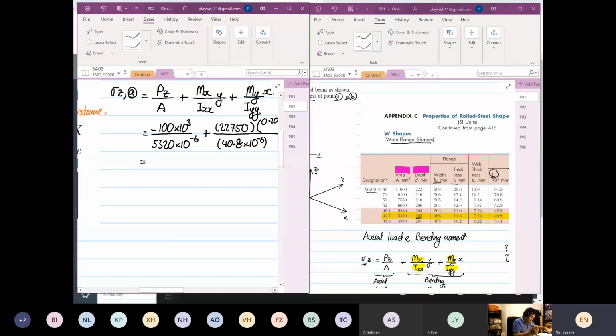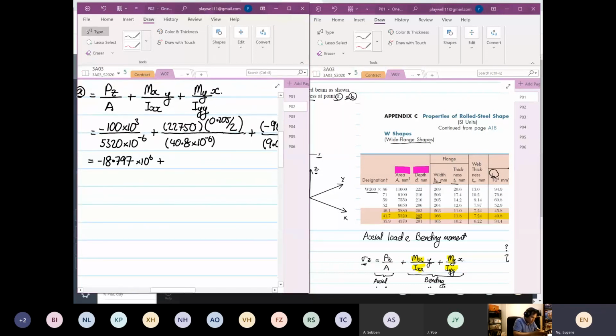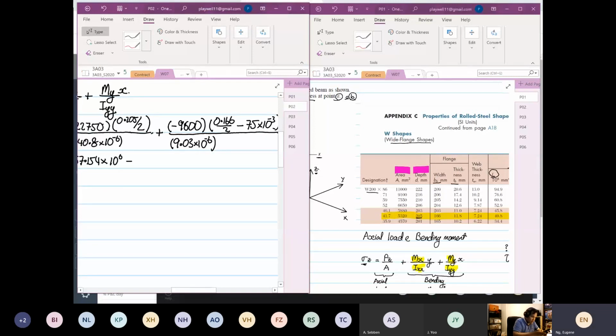This will be equal to 100 divided by 5320 power minus 6, which is minus 18.797 times 10 to the power 6, plus 22750 times 0.205 divided by 2 divided by 40.8 power minus 6, which is 57.154 times 10 to the power 6, and then minus 0.166 divided by 2 minus 75 power minus 3 times 9600 divided by 9.03 power minus 6, which is 8.505 times 10 to the power 6.